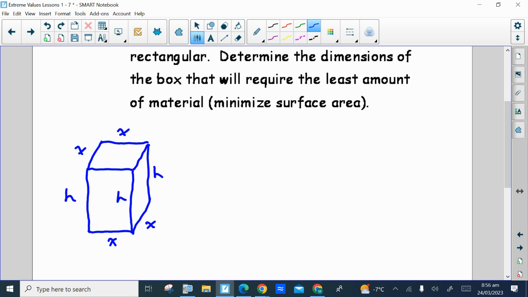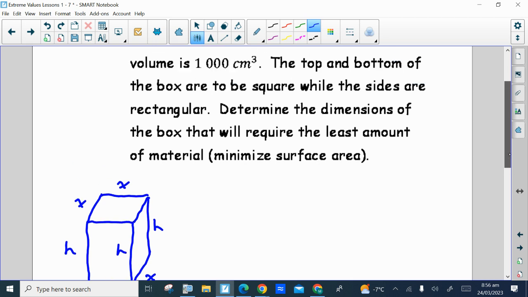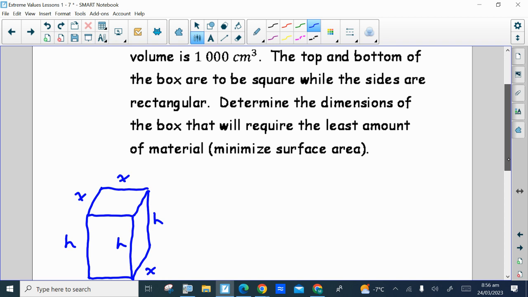And because we want to minimize the surface area, we need to come up with an expression for the surface area in terms of one variable, and that's what we will differentiate. But again, it can only be in terms of one variable. So this is where the fact that the volume is 1,000 centimeters cubed comes from.